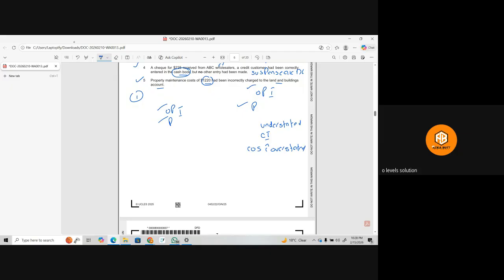We should deduct the 12,900, but we deducted 12,200. So we deducted the lower amount from the cost of sale. That is why cost of sale has increased. When the cost of sale has increased, GP decreases and the profit also decreases. So basically, profit has been understated by the 700.